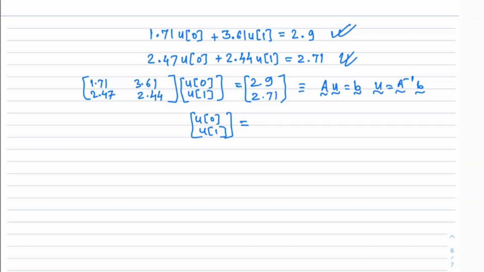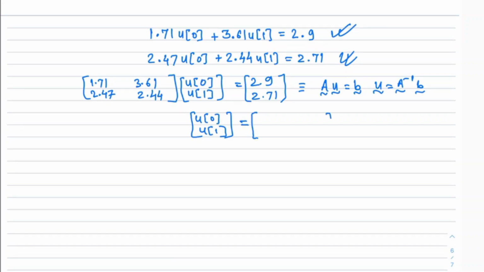So 1.71, 3.61, then we have 2.47, 2.44. So the inverse of this matrix is, okay, anyway, my computer decides to take its own time, so let it keep going.